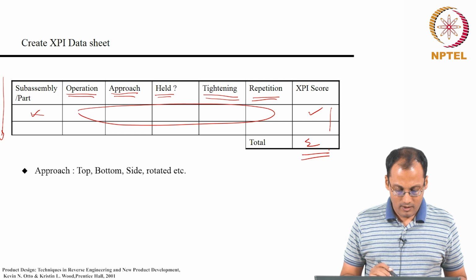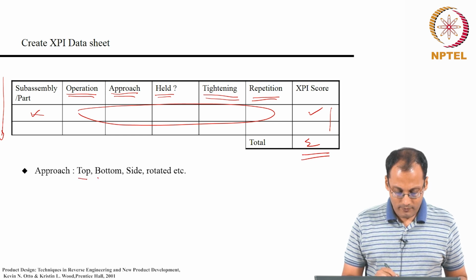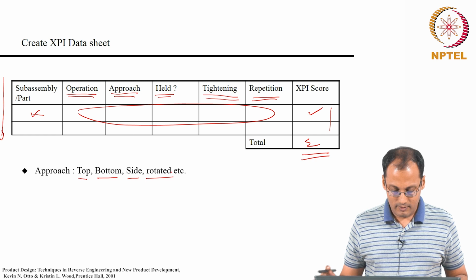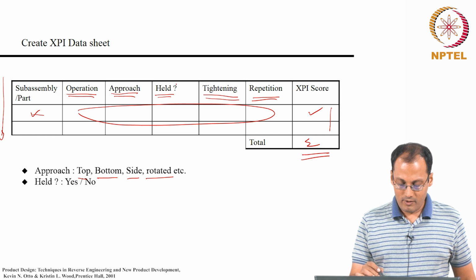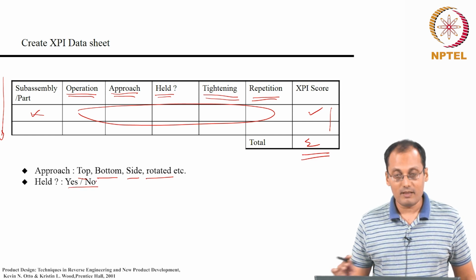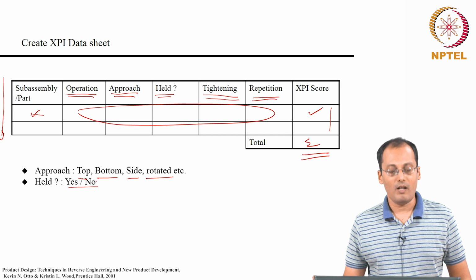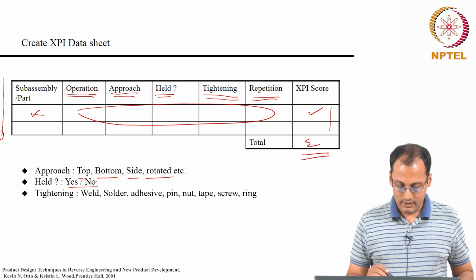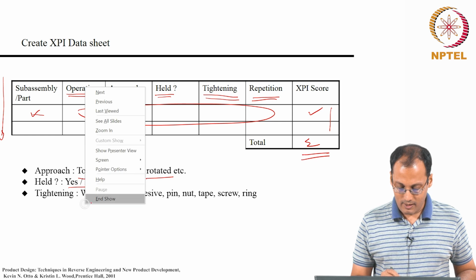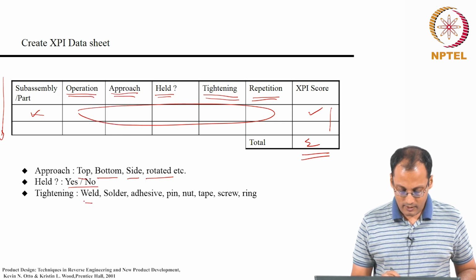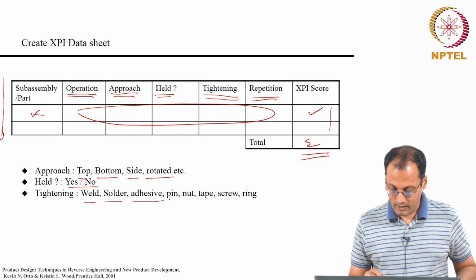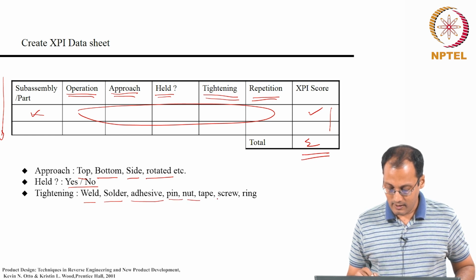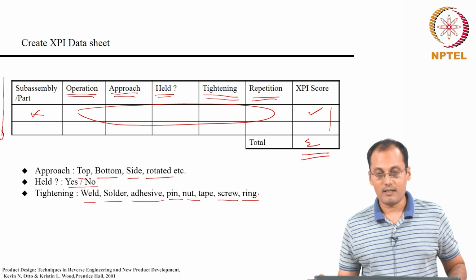So, the approach can be either top, bottom, side or rotated, that is how we bring in the component, and in terms of holding we just describe whether we need to hold or not, and in terms of tightening it could be different types of ways of holding it, that is it could be a metallurgical operation like welding or soldering, or we can use some adhesives, or it could be mechanical like pins, nuts, screws or rings and so forth.